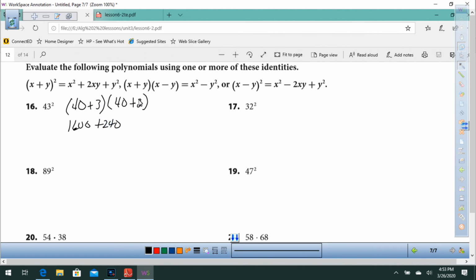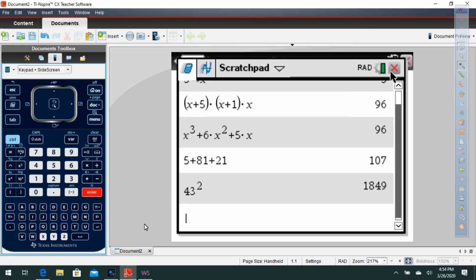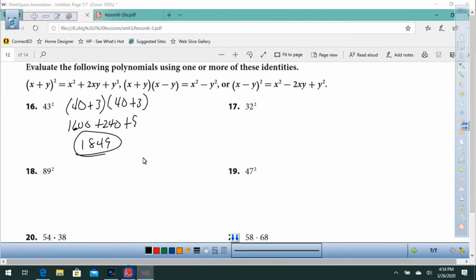And then y squared, 3 times 3, that's plus 9. So I'm getting 1849 for your answer. All right, well, let's try that in the calculator. I know it's a lot faster in the calculator, 43 squared. But if you are stuck on a beach in Aruba without your calculator, you could do it real quick in the sand. 1849, there we go.